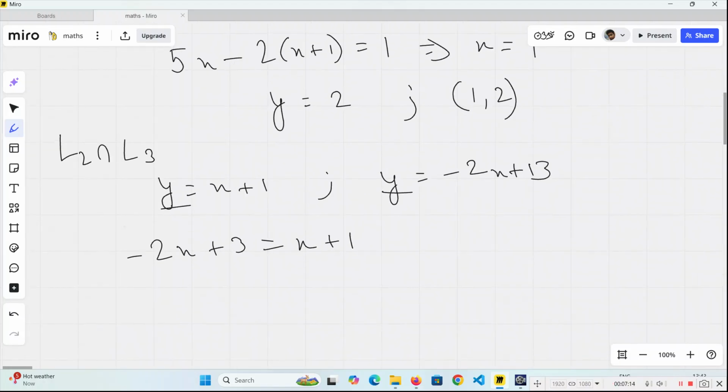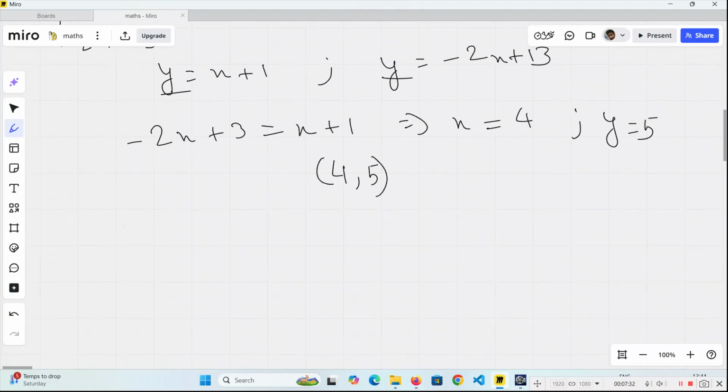By doing this I can get x equals 4, and putting the value of x in this, I'll be getting y equals 5. So the intersection point for this one is (4, 5).